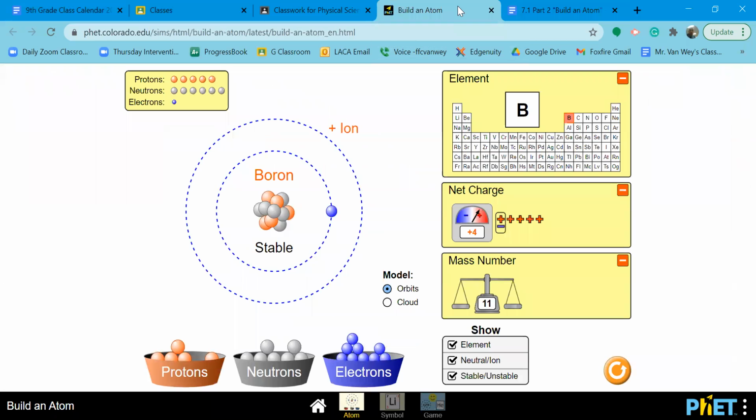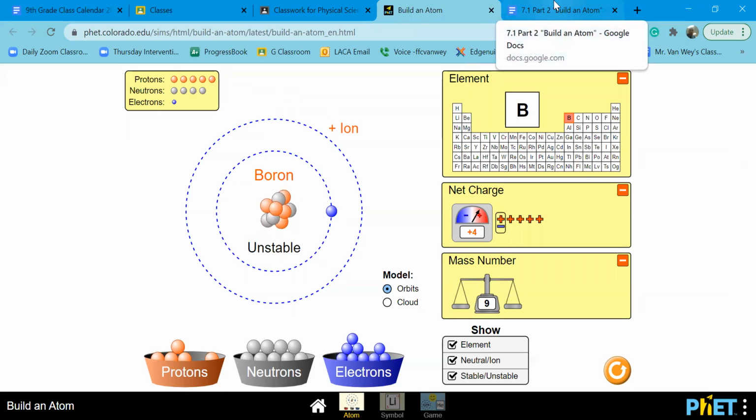If you remember the radioactivity, when an atom is not stable, then it is radioactive. Literally, the atom itself falls apart. We'll talk about isotopes later.